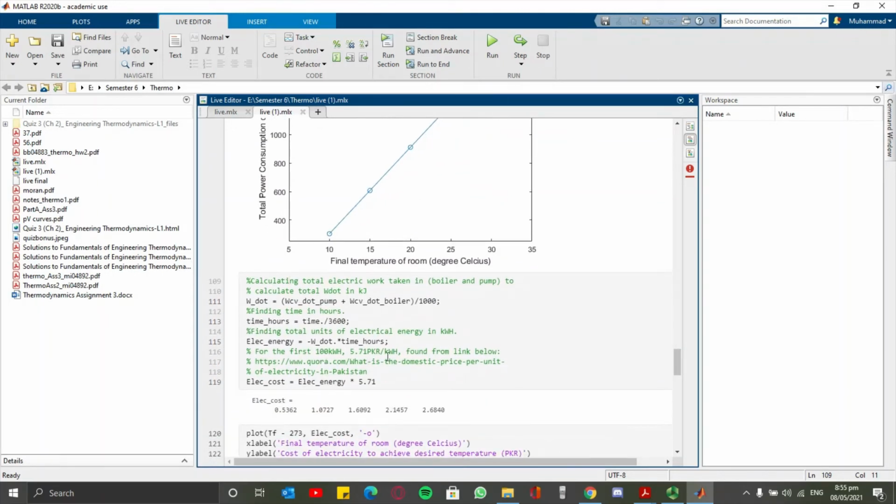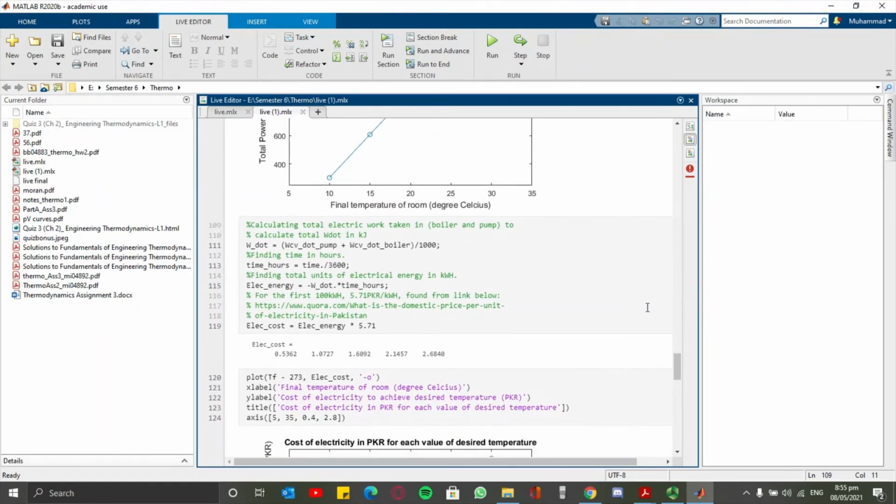So for the next part we had to calculate the total electric work that was taken by the boiler and pump.